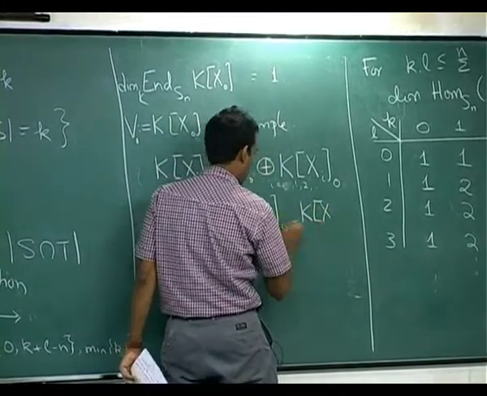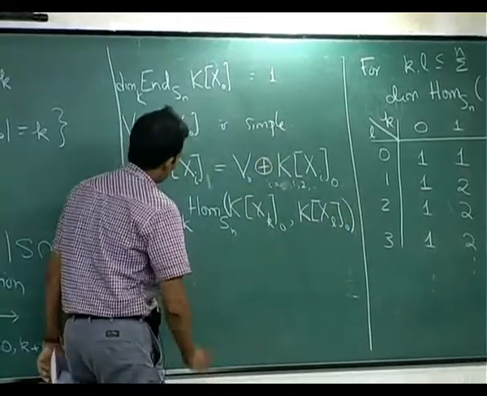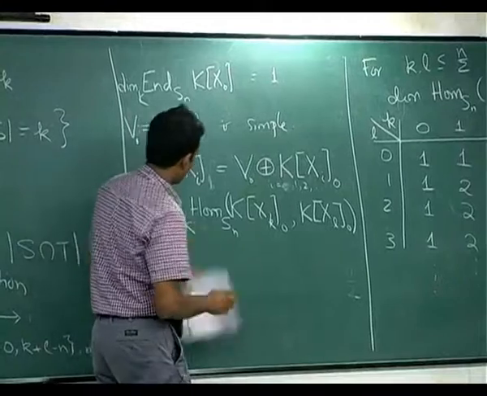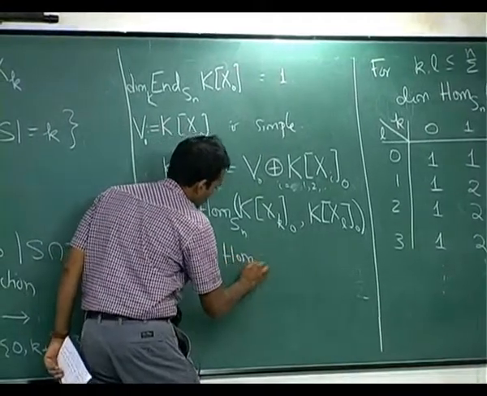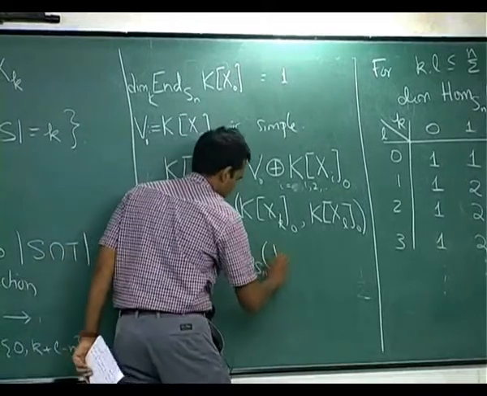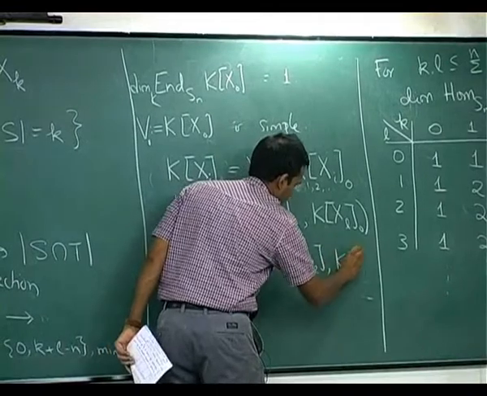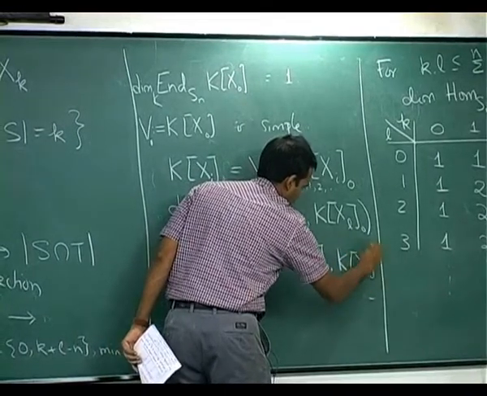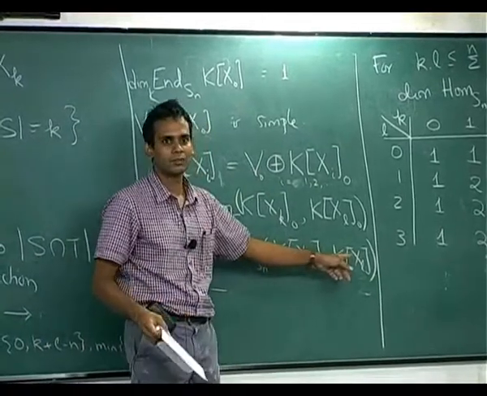So I just need to take the whole thing and remove the contribution of V0. And V0 occurs once here and occurs once here.